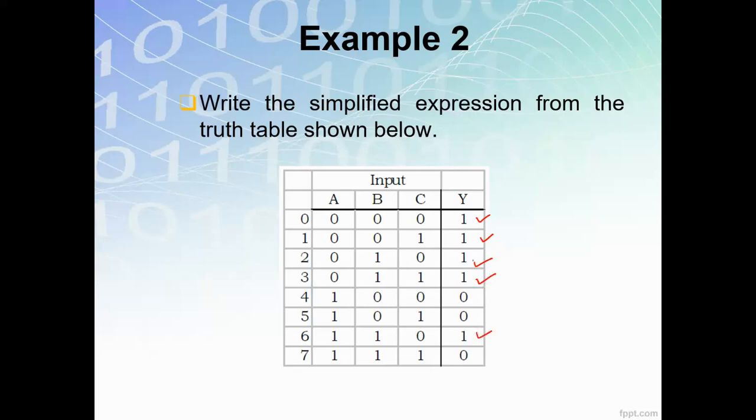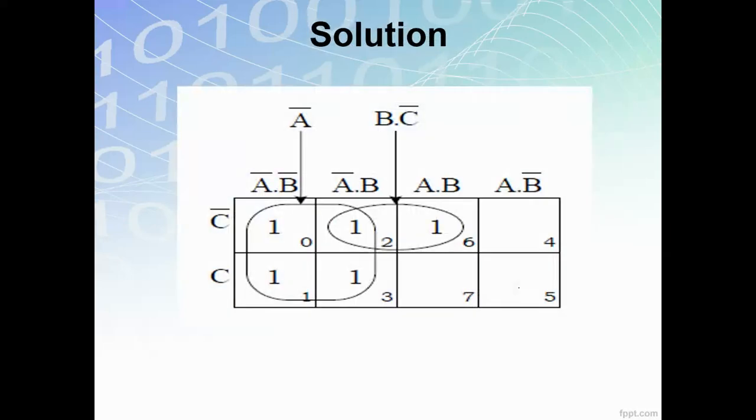So we plot this output into the Kmap table of 3 input variables. Then after plotting, we draw the loops. So here we have 4 adjacent cells in a loop, and then you have another 2, this one, because this one is alone here, so we pair it with the neighbor, even though we have to force an overlap.